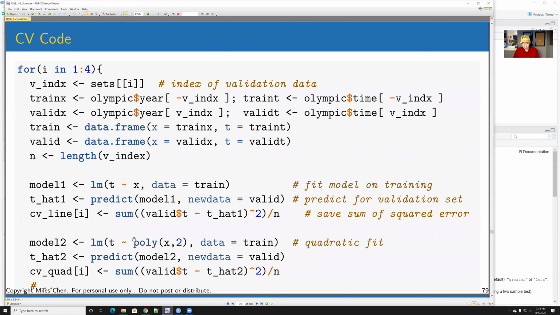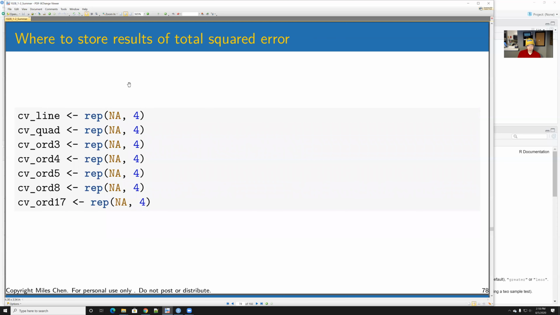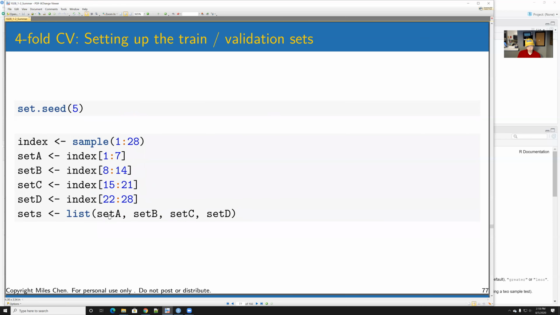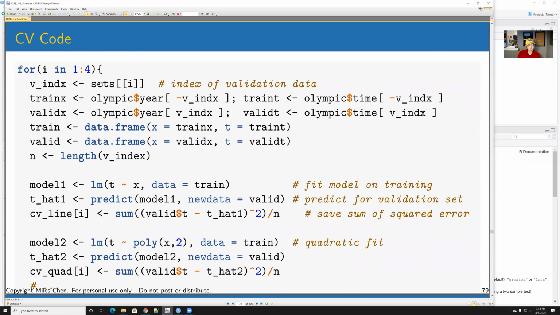Here is the beginning part of the code for cross-validation. We take one of the sets, either set A, B, C, or D. The first time it's going to be set A, and we store it in validation index. My training X will be all the years with the validation indices removed, and my training T will be the time with the validation indices removed.